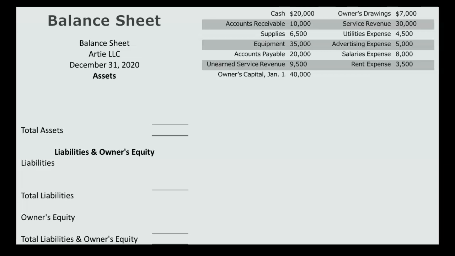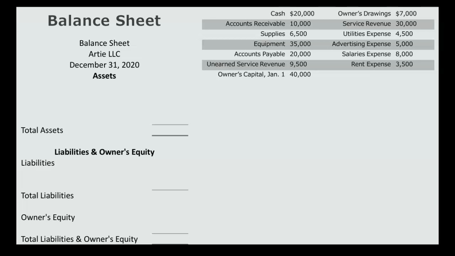Then you'll notice that assets have to be listed in a specific order. It's called the order of liquidity. The order of liquidity is how quickly you can turn an asset into cash or how quickly you're going to use up that asset. So we have 4 assets given to us in this problem.